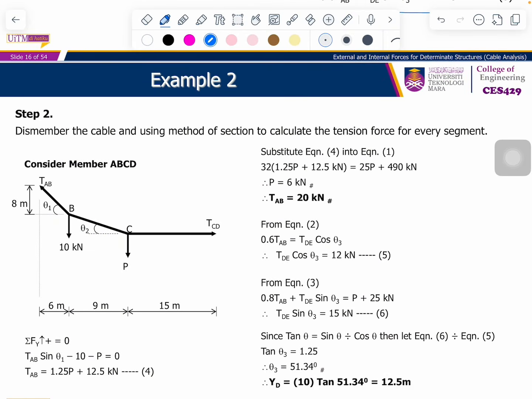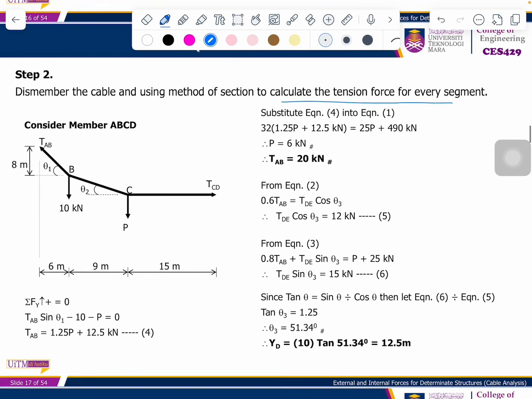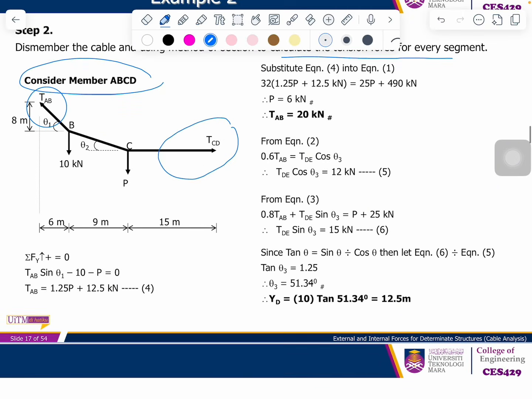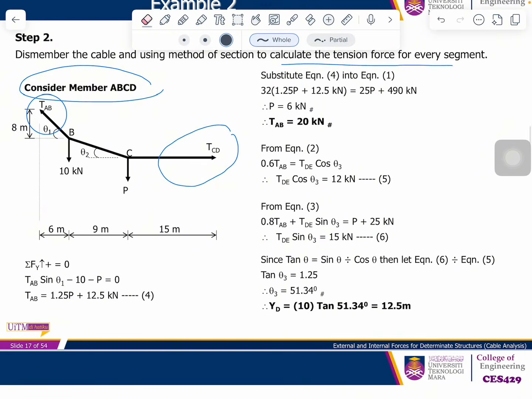Dismember the cable and use the method of sections to calculate the tension force for every segment. In this case, we just consider A, B, C, D, from A to D only. At B, TAB remains TAB. However, for segment CD, TCD is perfectly in the horizontal direction.